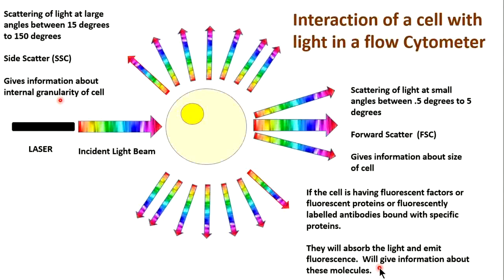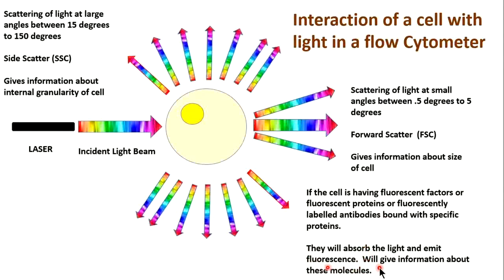Third kind of interaction can be a cell can have fluorescent factors, means it can have some proteins, or artificially you can label some proteins by utilizing antibodies. Then what will happen? These fluorescent factors can absorb this light, okay, and after absorption they can emit some fluorescence, correct?